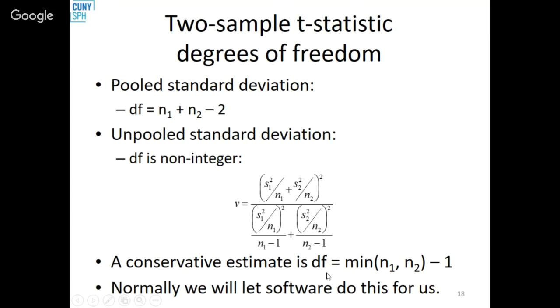It'll be a little bit smaller than that, so that the p-value that you estimate this way will be a little bit bigger than the true p-value, and your confidence interval will be a little bigger. So it's a conservative estimate. But if you're using software, it will calculate this formula and give you your non-integer degrees of freedom if you're using the Welch's unpooled standard deviation t-test.